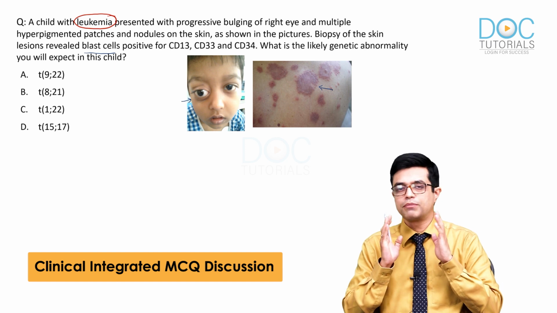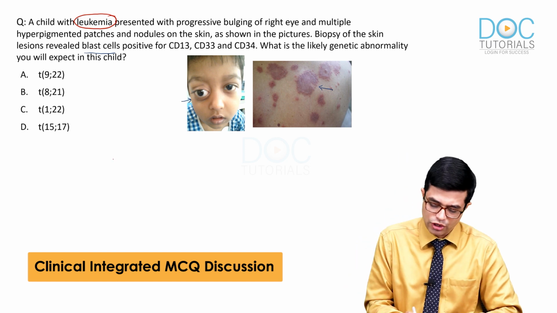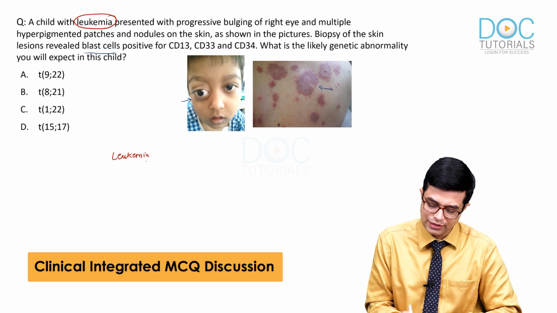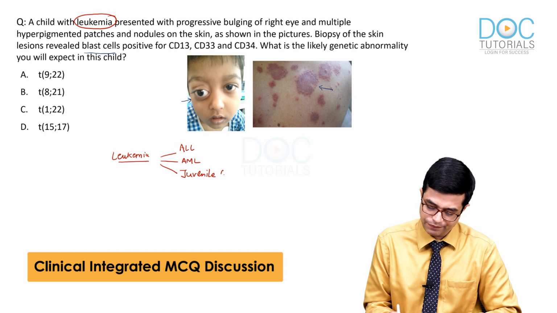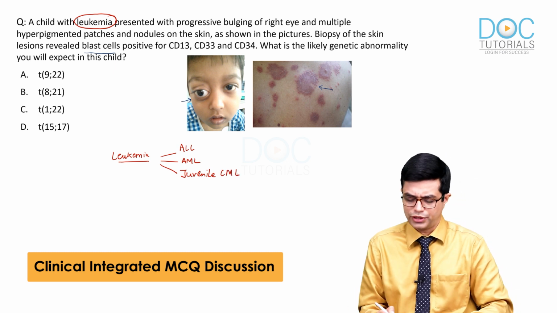Immediately your mind should think of what leukemias are present in a child. There are three possibilities: either it is ALL, or AML, or juvenile CML, also called JMML, juvenile myelomonocytic leukemia.